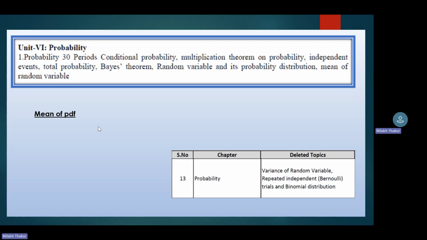I also suggest you read the definition of the independent event and the total probability. Many a time, questions based on the definition of the independent event and conditional probability are asked in the one marker question. So do read those definitions.